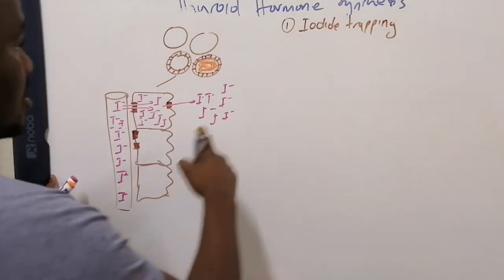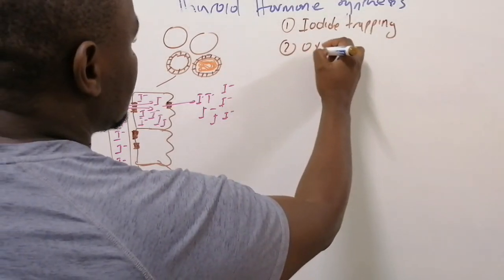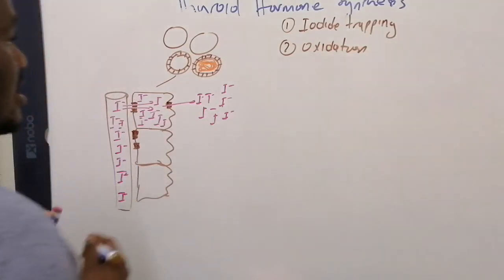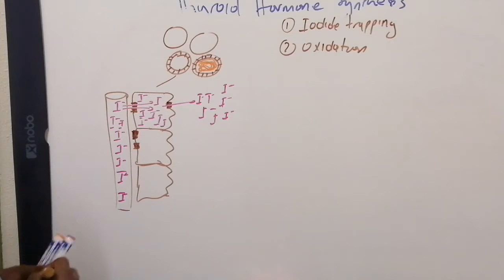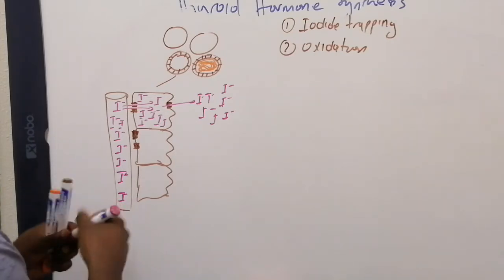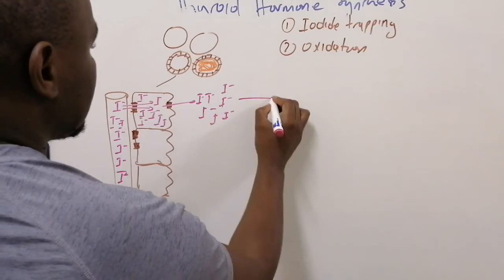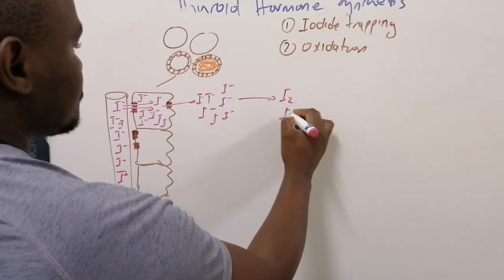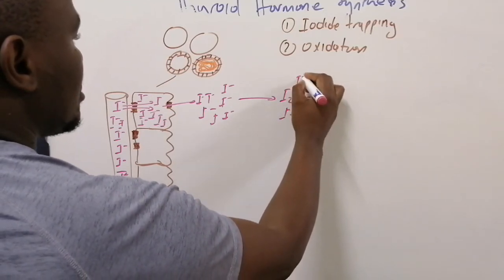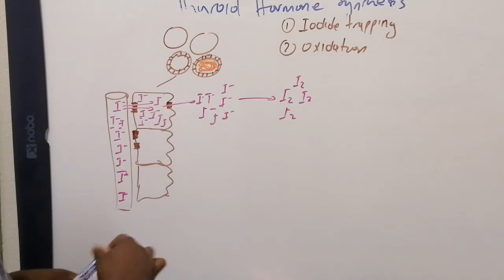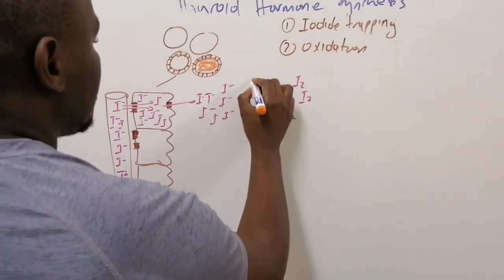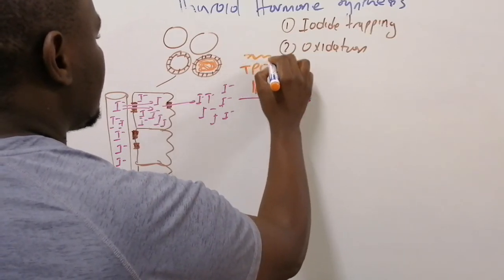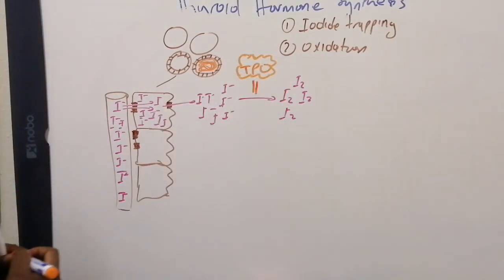The second one is oxidation. Remember redox reactions back in the day. So what's going to happen here is that iodide ions are going to be converted to iodine, and this job is done by an enzyme called thyroid peroxidase, TPO. Very important enzyme, TPO.